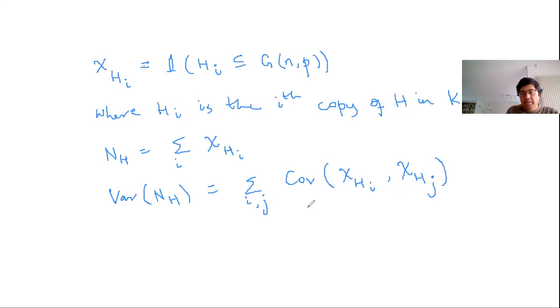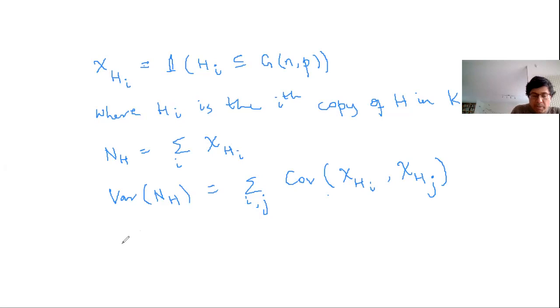It's possible that the indices i and j take the same value, in which case this covariance is just the variance of the indicator of H_i if i equals j. Okay, so this is a general statement about variances of sums of random variables, and it's a fact that you need to remember. Good. So now we turn to calculating the covariance.